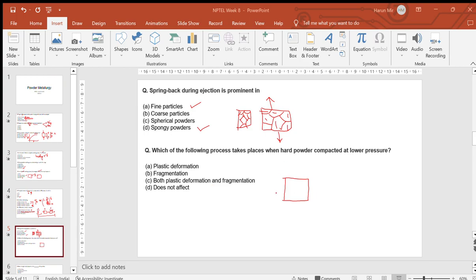At low pressure both can go through plastic deformation, but at high pressures there is a chance of fragmentation for the hard powders. Also, there are interparticle frictions, and that will decrease the density of your material. So what is the best parameter to decide the compactability of a mixture?